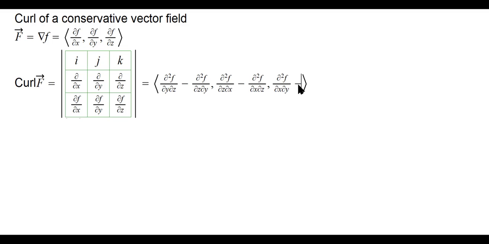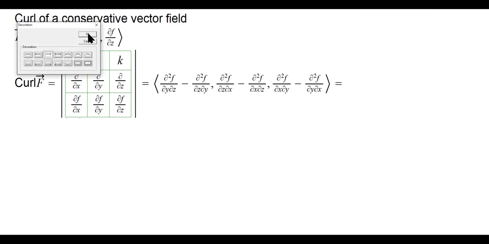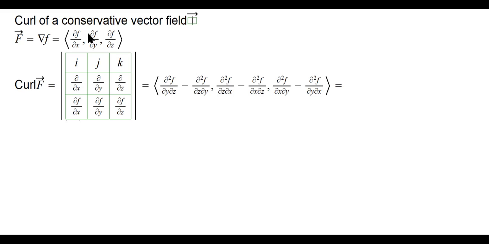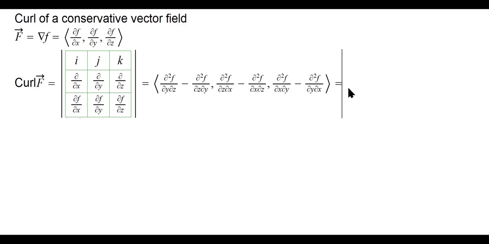And because, as I said, we are assuming that f has continuous second order partial derivatives, the orders don't matter here, and this will come out to be simply the zero vector, okay? So this is 0.